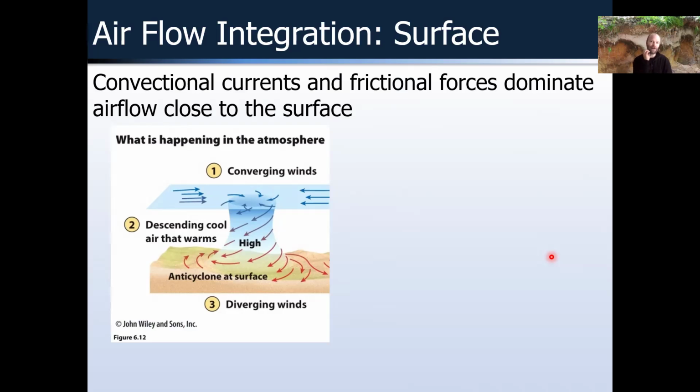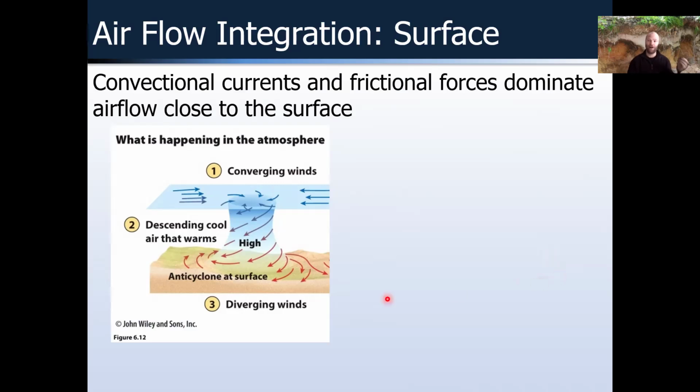But I do want to come back to low pressure and high pressure because this is so important in terms of understanding air movement and air circulation across the Earth, as we'll see in the next couple sections, at global scales as well as local scales.